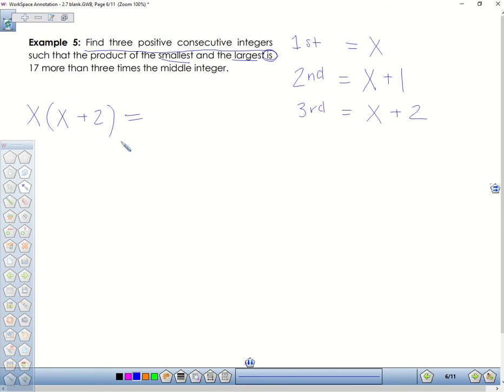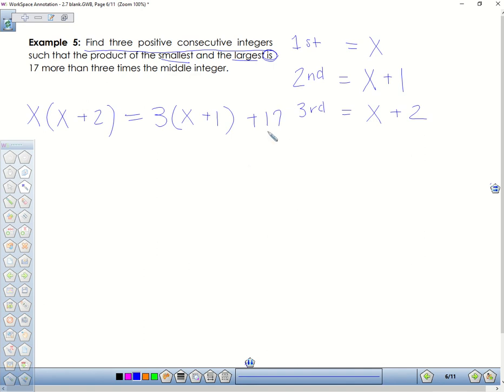Your age is whatever it is, that's what it's equal to. So 17 more than 3 times the middle. So we take the middle integer, we multiply it by 3, and then 17 more than that would be plus 17. That would give me my number.